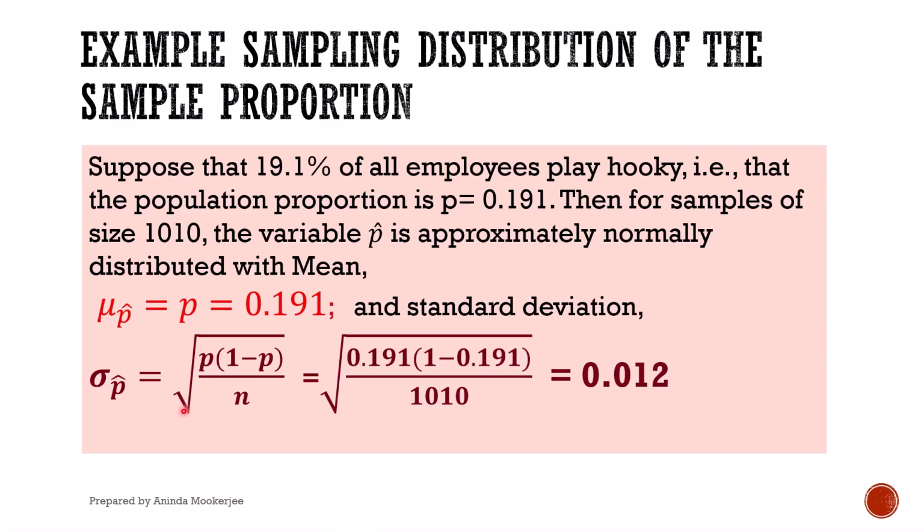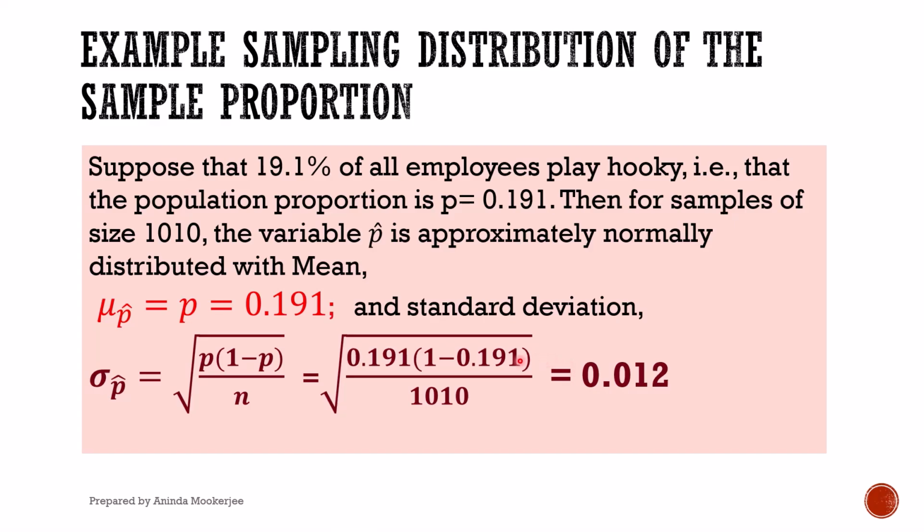It's square root over P multiplied by 1 minus P divided by N. Plug in the values for P, which is 0.191, and then 1 minus P is 1 minus 0.191, divided by N, which is 1010, which gives us a standard deviation value of 0.012.